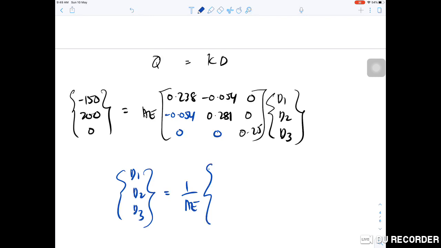Now I have the values. D1 is negative 490.135 over AE.